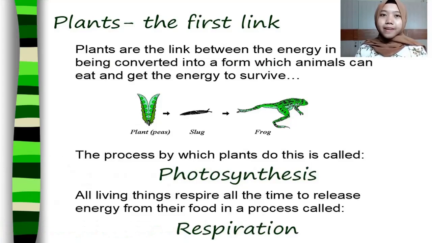Okay, plants. The first link. Plants are the link between the energy in the sun being converted into a form which animals can eat and get the energy to survive. The example is peas, peas eaten by slug, slug eaten by frog.